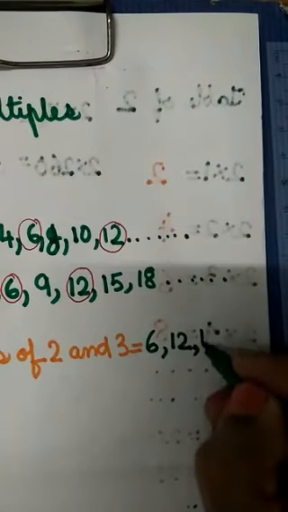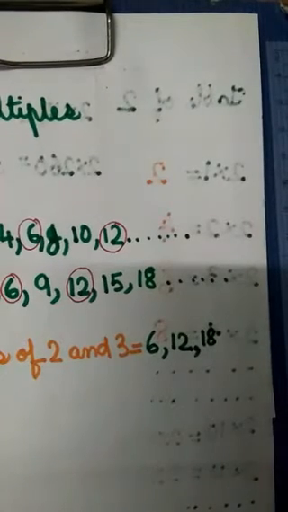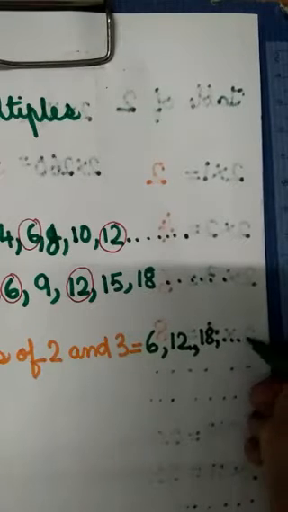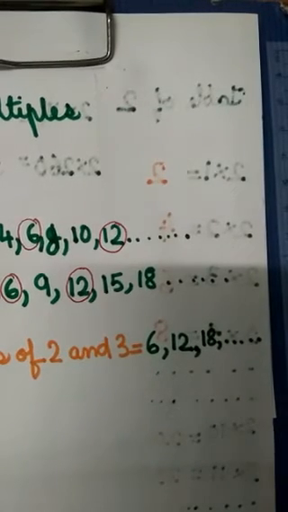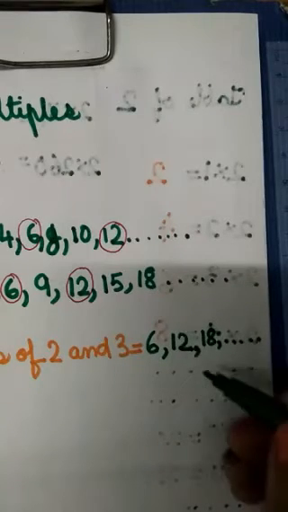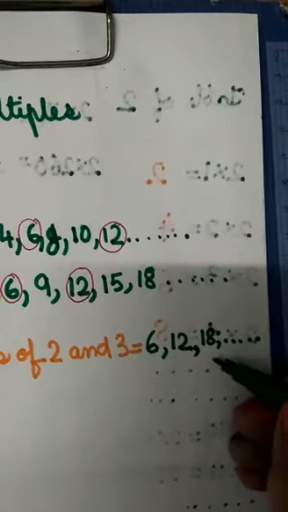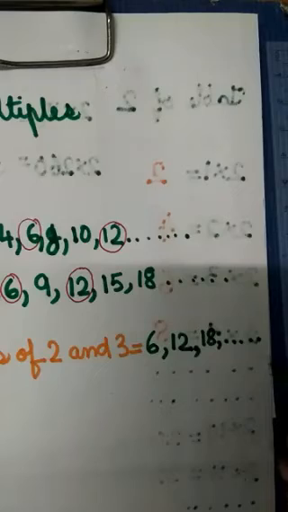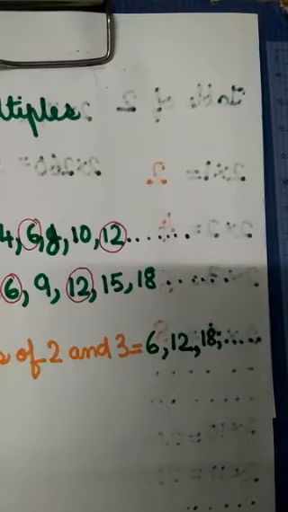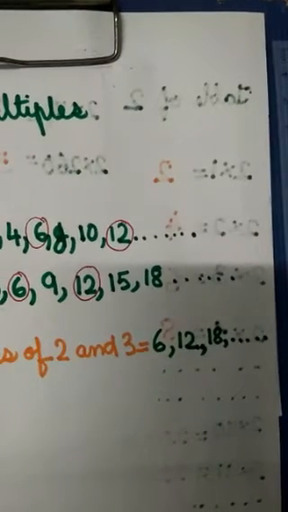So here I can write 18 also, isn't it? And like this you will have infinite numbers. Common multiples भी infinite होते हैं. Okay, so that is why I have put here dot dot dot. So 6, 12, 18, and after 18 you will get 24. All the common multiples I cannot write, so I have written here 6, 12 and 18.